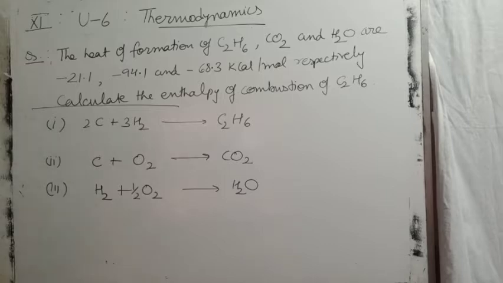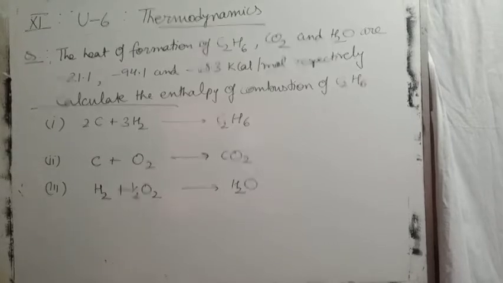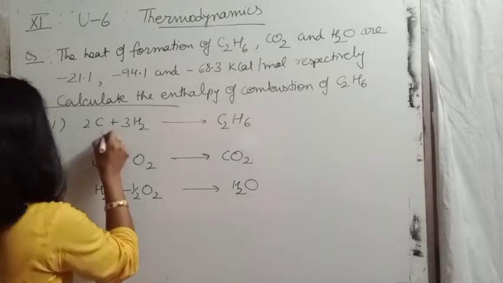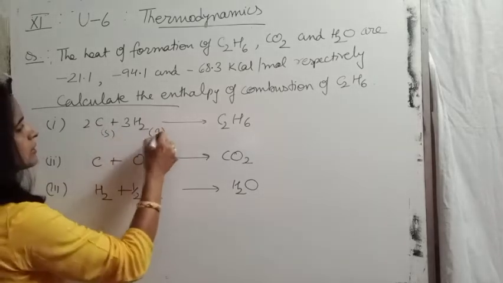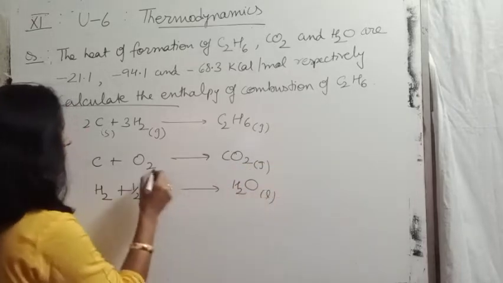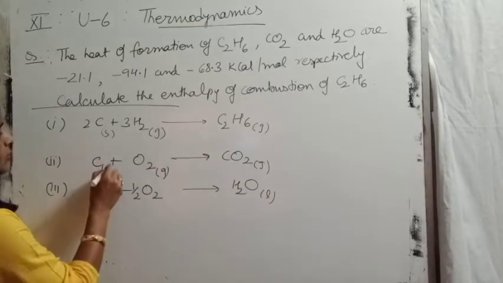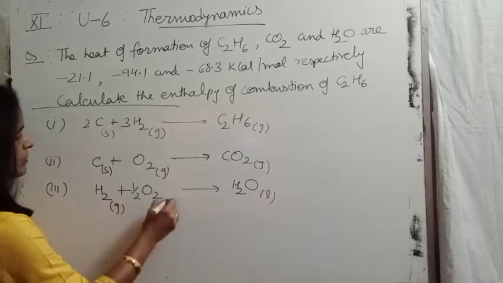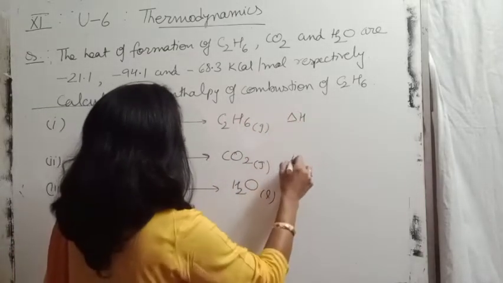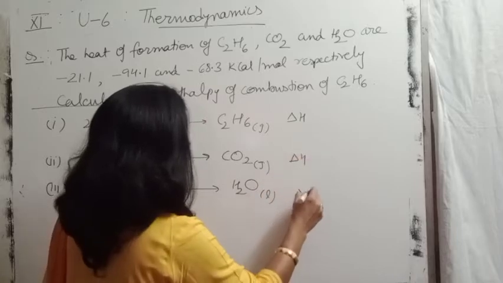In this way write all chemical equations. Once all the equations are written, balance them. After balancing, write the physical states also: carbon solid, hydrogen gas. In this way write the physical states for all these components. Then substitute the values for enthalpy changes for each case.